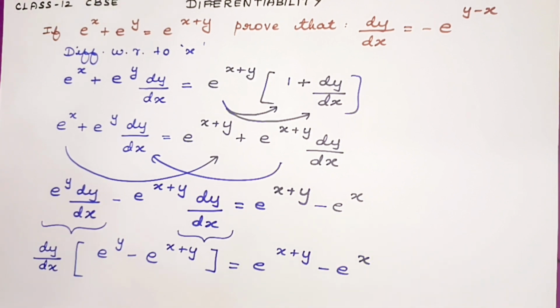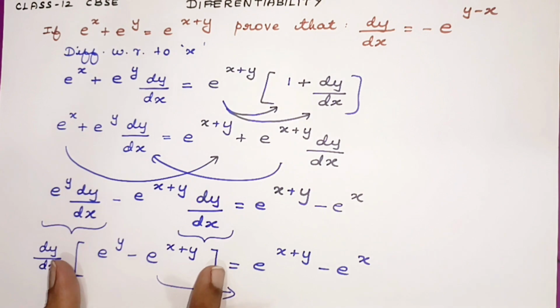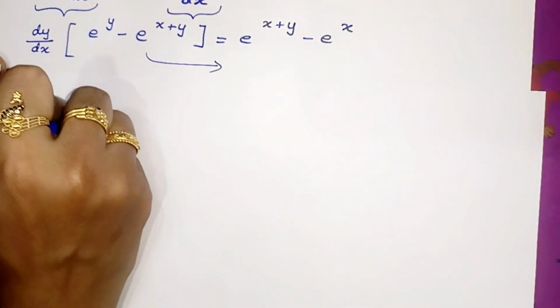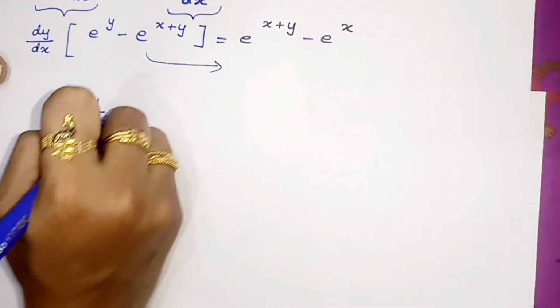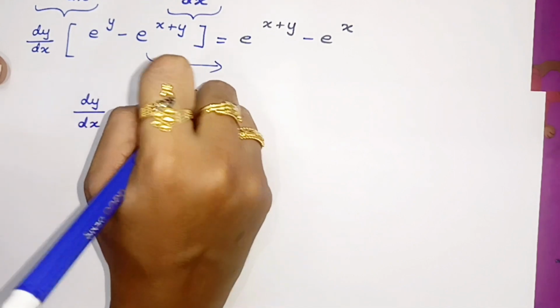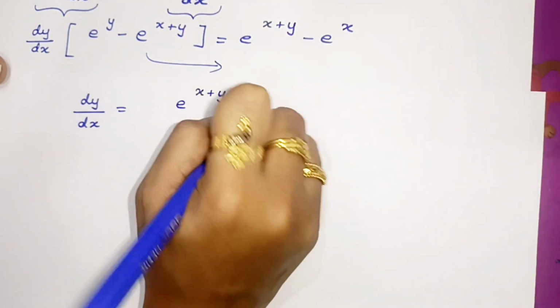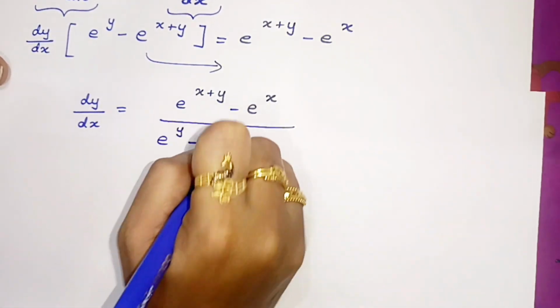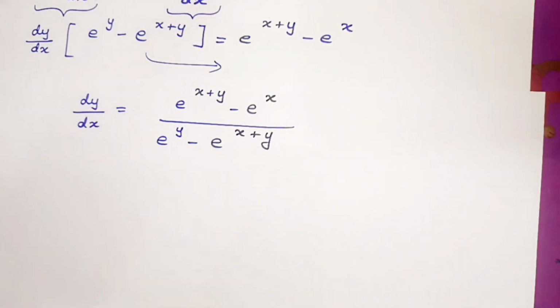Now in the next step, I am going to take this complete square bracket value to the right hand side, so it will come to the denominator because we need only dy by dx. So listen carefully. Dy by dx is equal to e power x plus y minus e power x divided by e power y minus e power x plus y.